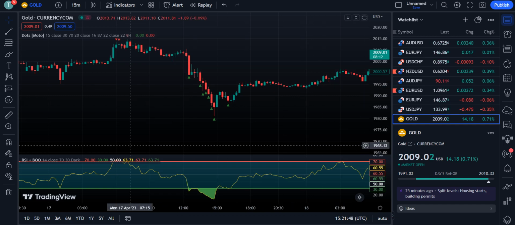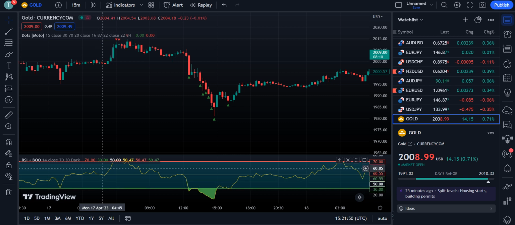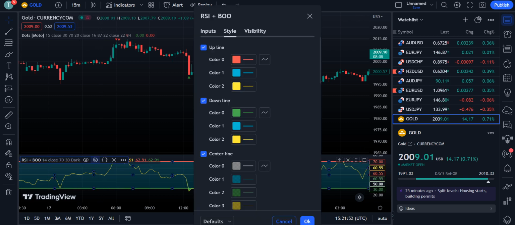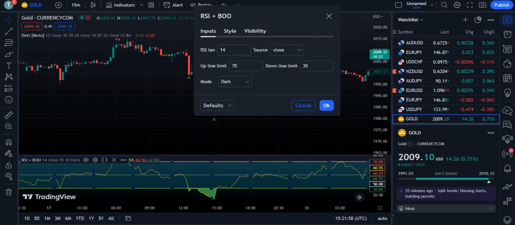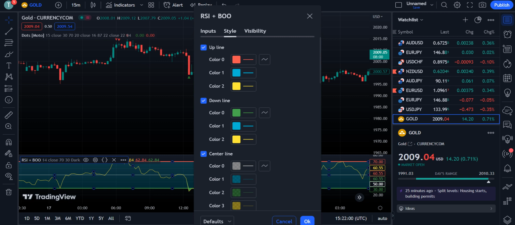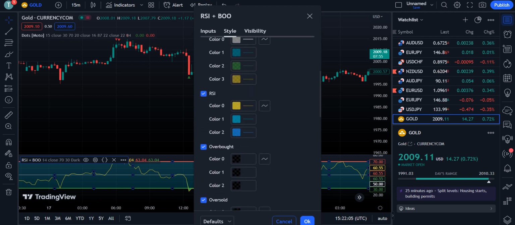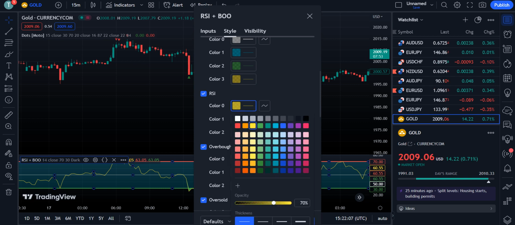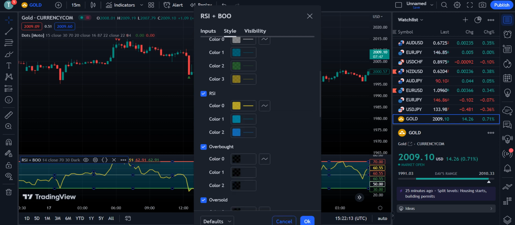Now you have to go into the settings of this indicator and change a few options. Going into the styles tab, go into the RSI and change its thickness so that it is more prominent.